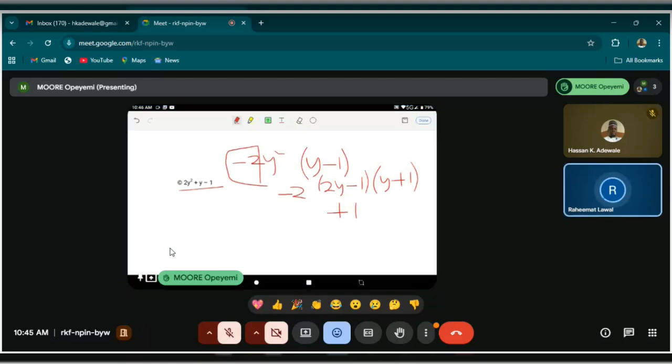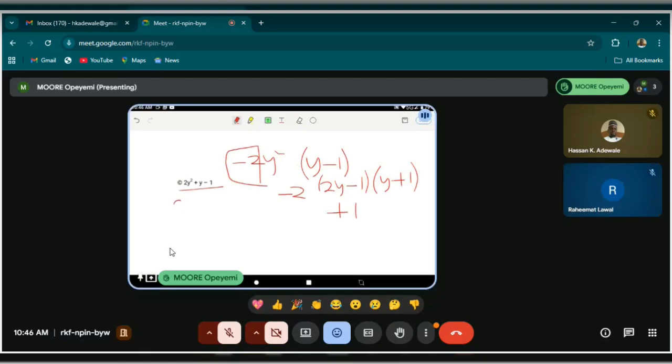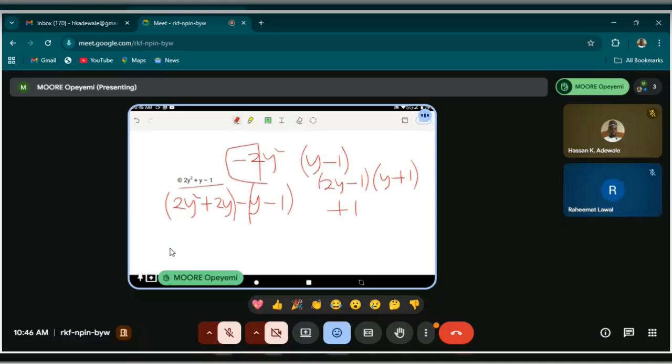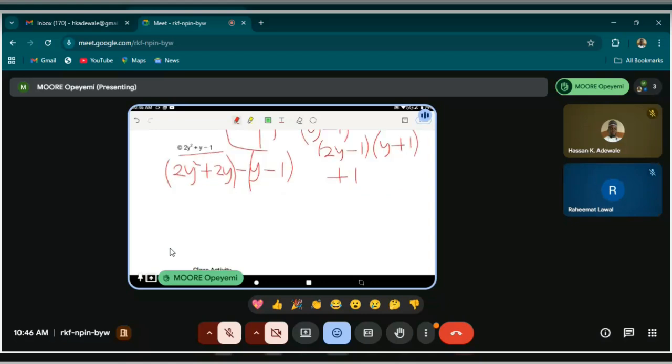2 and minus 1. So the first one remains as 2y squared plus 2y, then minus 1y, which is the same thing as minus y, minus 1. Okay? So we now have the first two terms in a bracket, then the last two terms in another bracket. The first two terms have 2y in common.